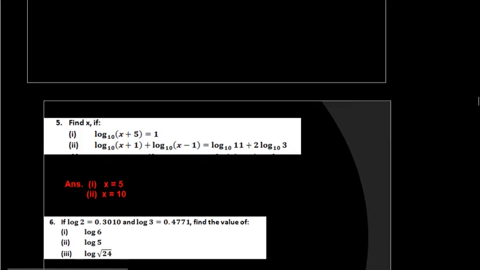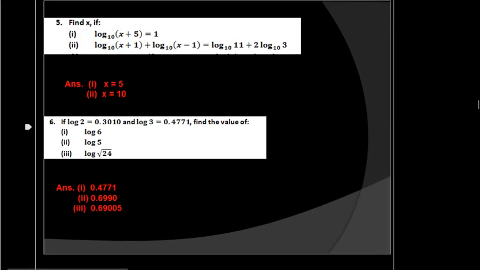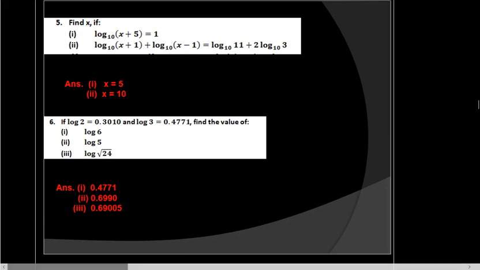Let's move on. Question number 5. Find the value of x. Let's see how to do it. This is the first sub question.